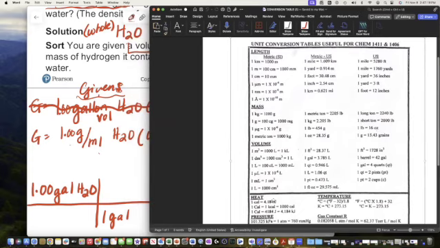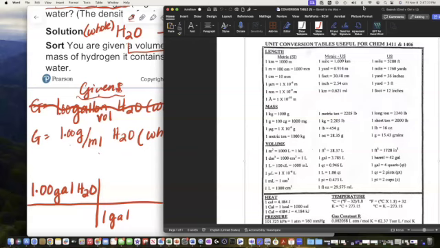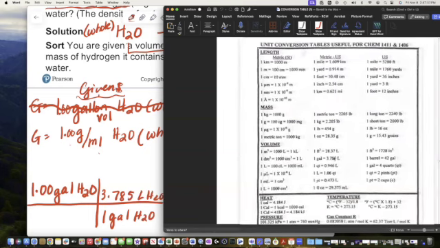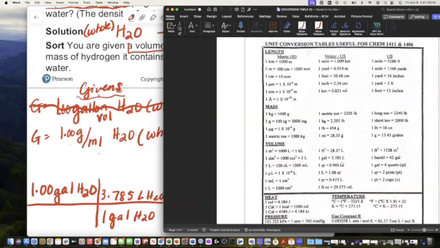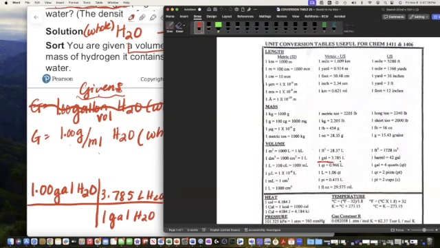Okay, this is when I'm running out of room, right? Let me move this to the side. 1 gallon of water, H2O, and that goes with 3.785 liters of water. Okay, so remember I'm using this conversion right here.